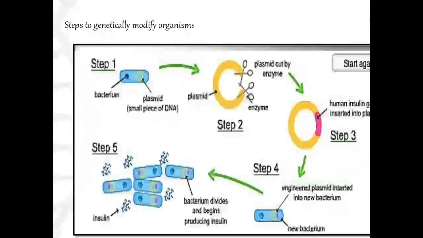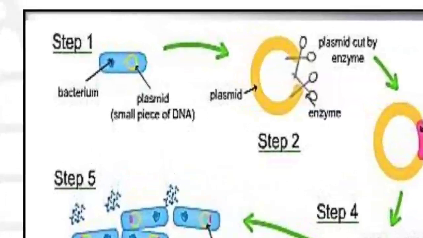So these are the basic steps involved in genetically modified organisms. In this picture, these are the steps of a genetically modified organism. Step 1, you can see the insulin gene and the plasmid from the bacterial cell, a small piece of DNA.